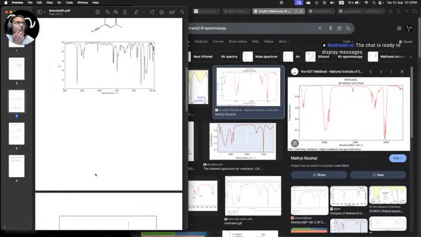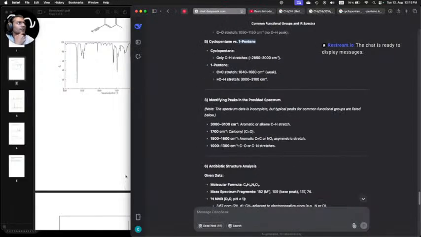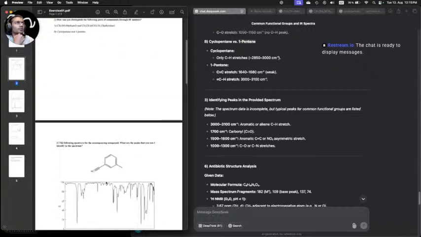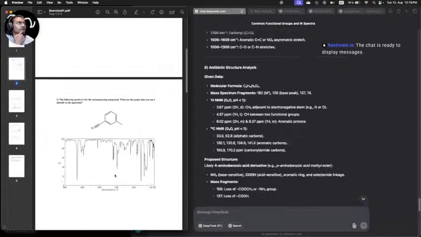What is this? What is the last part? Identifying the peaks in the provided spectrum. Antibiotic structure analysis.